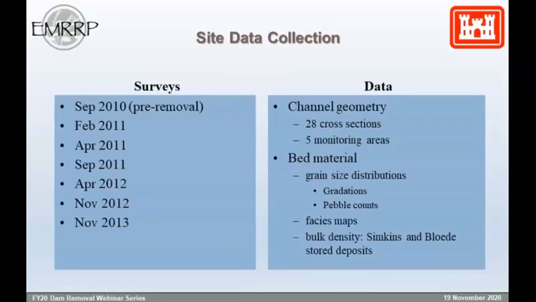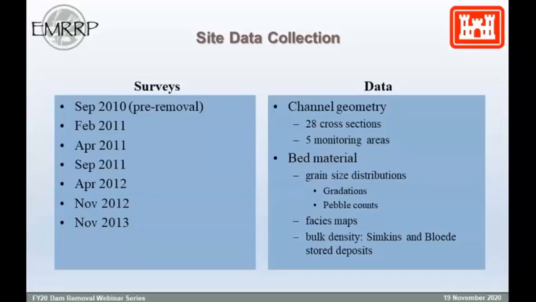At the site, lots of data were collected prior to the removal of the dam. The first survey was in September of 2010, and that was a pre-removal survey. The surveys included channel geometry information.